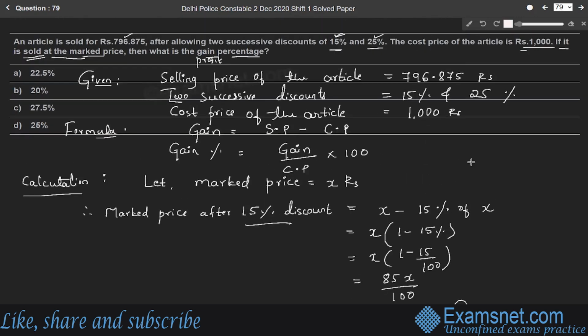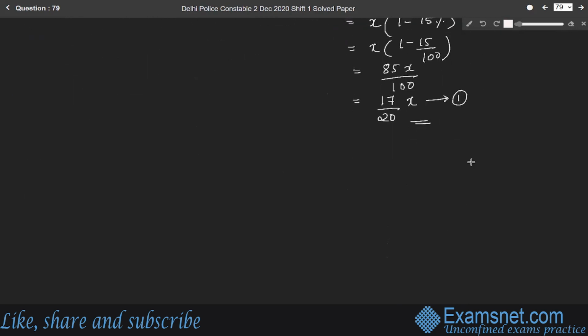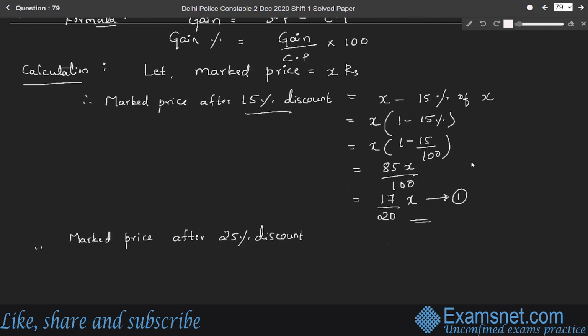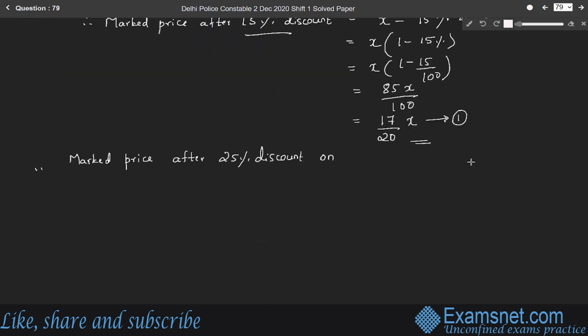So there is one more discount of 25% on this first discount price, right? Therefore, market price after 25% discount on 17 by 20x.